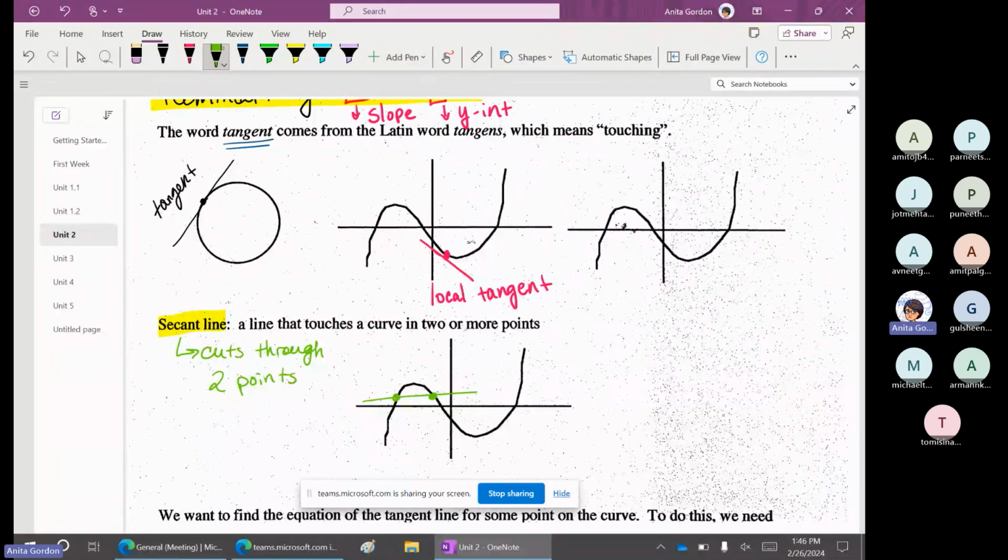So this is what we refer to as a secant line. It's cutting our graph in at least 2 spots. And of course, I can pick any 2 spots, so I can make them far apart, or I can make them very, very close together, right? I can bring this closer together, and my secant line now looks like that.